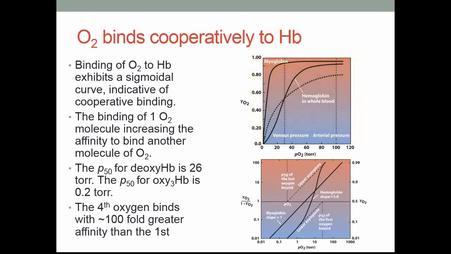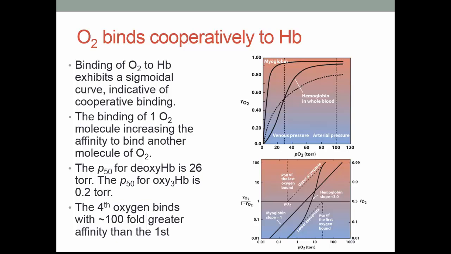These curves indicate a cooperative binding, in which the binding of one oxygen molecule does have an effect on the binding of more oxygens. In this case, we can see that it has a positive effect by increasing the relative affinity for hemoglobin to bind more oxygen molecules after the first is bound.